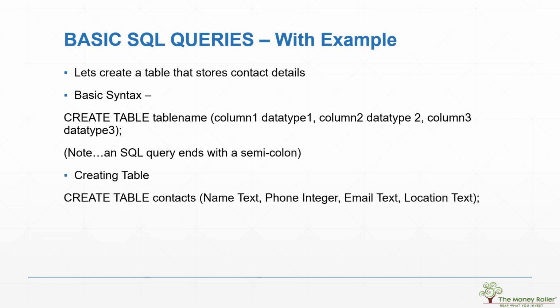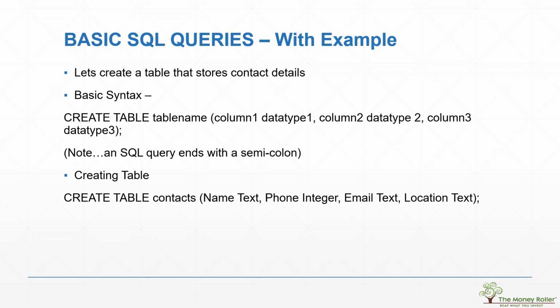In the case of a contacts table, create a table called contacts. Column 1 data type 1: column 1 is name, data type is text. Column 2 data type 2: column 2 is phone, data type is integer. Column 3 data type 3: column 3 is email, data type is text.